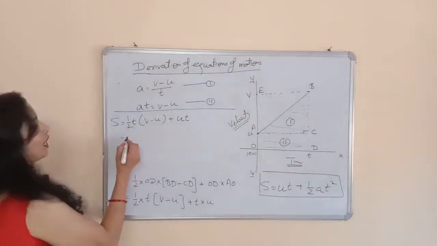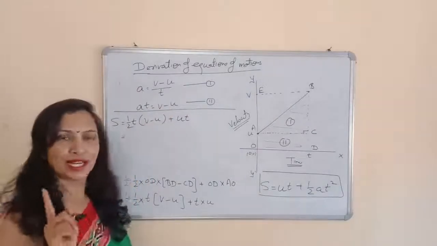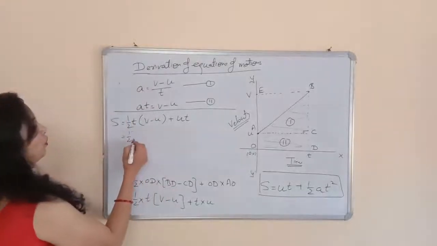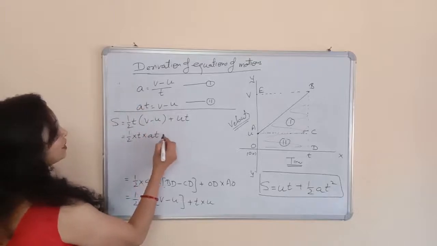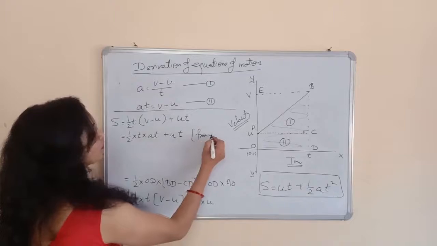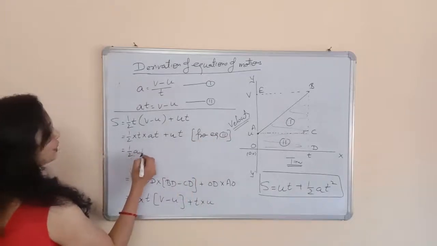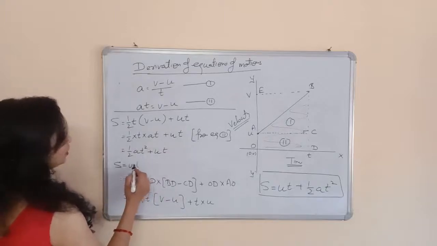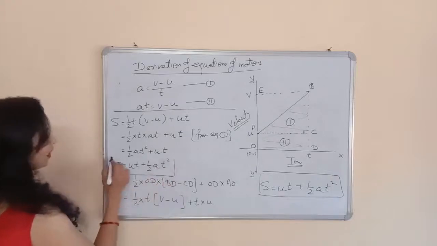So we can put the value of V minus U from the equation second. So again I am telling you, for the second derivation you have to do the first derivation again. 1 upon 2 into T into, and what is the value of V minus U? It is equal to AT plus UT. Now you have to write here from equation 2. So it is 1 upon 2 AT square plus UT. Or we can say S is equal to UT plus half AT square. This is the second derivation.